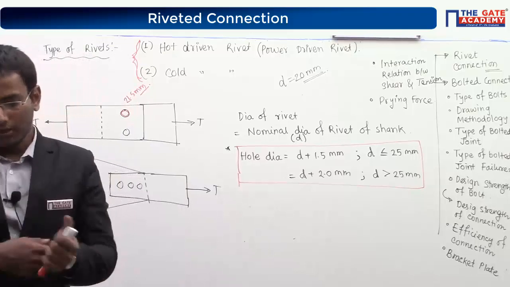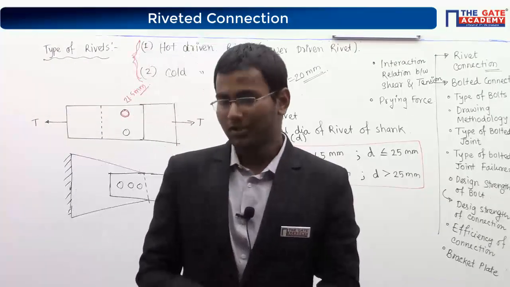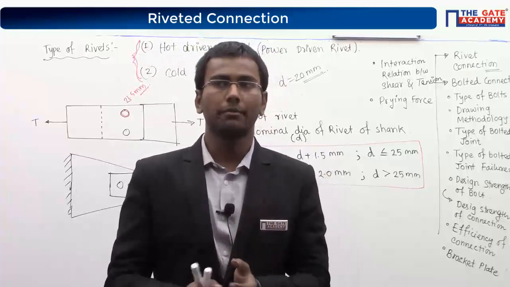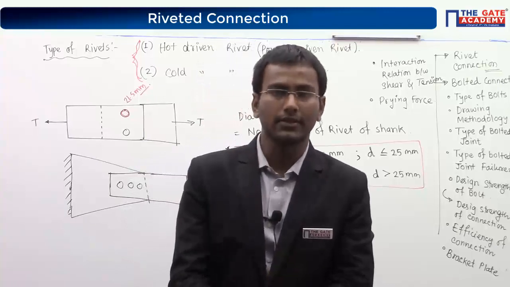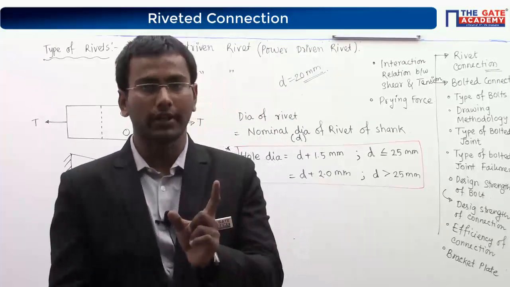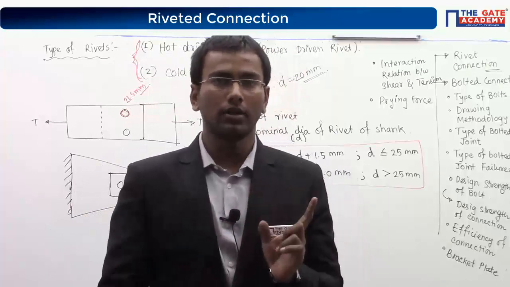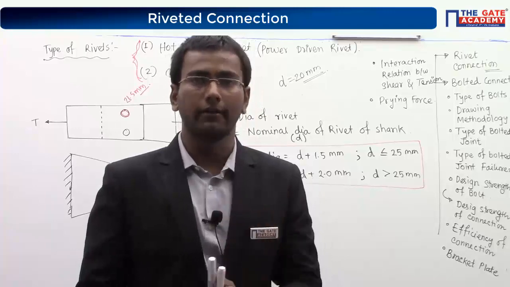Okay. Now see, first of all, hot riveting has less strength compared to cold riveting. I mean, correction please, cold riveting has more strength compared to hot riveting. I repeat, cold riveting has more strength than hot riveting.